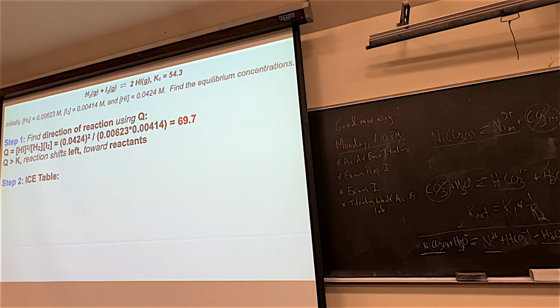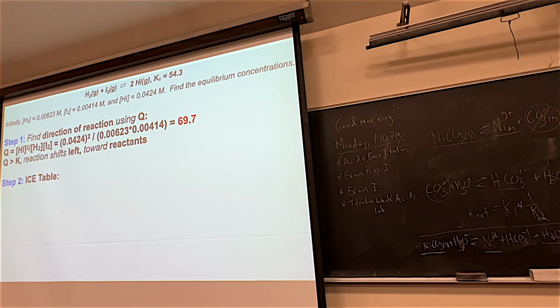So if Q and K are not the same, there are 2 conditions. Now, most of the time, honestly, Q is less than K, so that means reactants will turn into products. So the reactants would go down and the products would go up. But lo and behold, in this case, Q is greater than K. So probably how this happened is someone started with HI and they're just watching it decompose into H2 and I2.